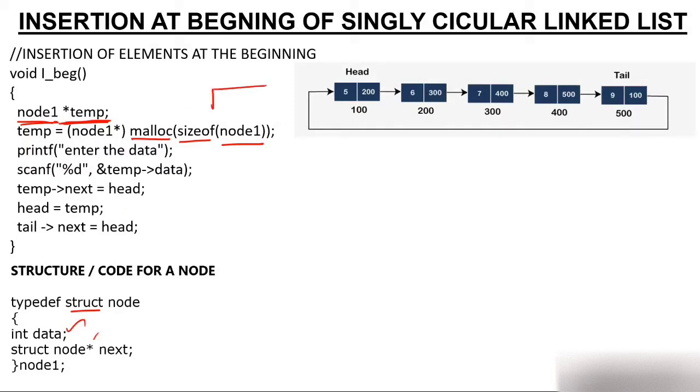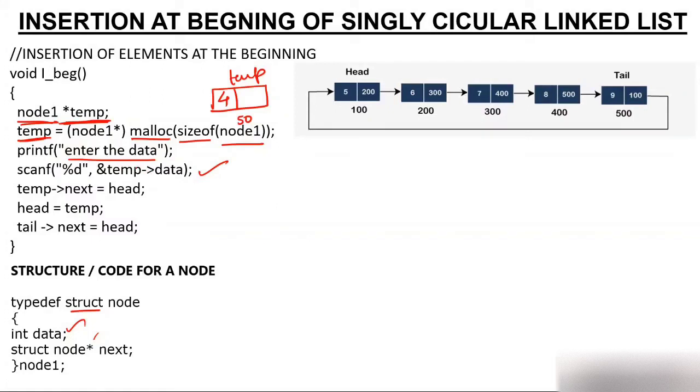So malloc has created this part, and suppose the address of this node is 50, and the address is written to temp, because temp is a pointer. Since I have created a node, I have to insert the data. So I've asked the user to enter the data. Suppose the user has entered 4. So temp's data will have 4. Till here we have completed the coding.